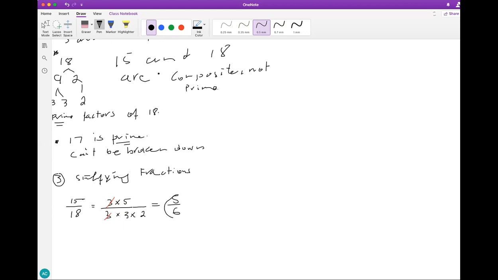So this is a much simpler fraction. We just simplified this fraction into a new one. We call these equivalent fractions.